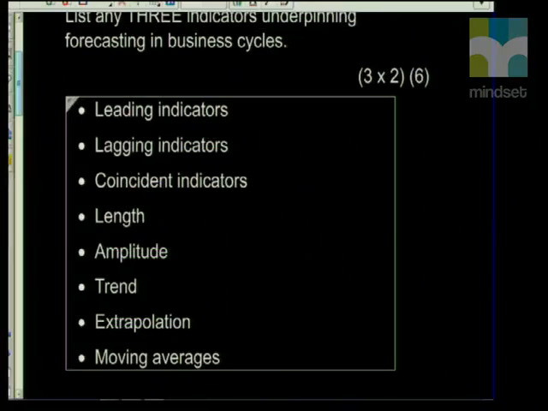In other words, when you see problems in mining, excluding gold mining, anything that happens with non-productivity in the mines, then we know that something is going to happen in terms of the shape of the business cycle. Lagging indicators are those which come after the main cycle.